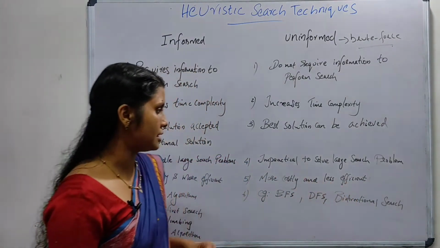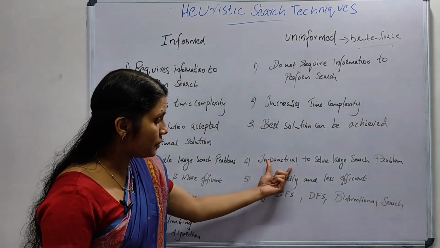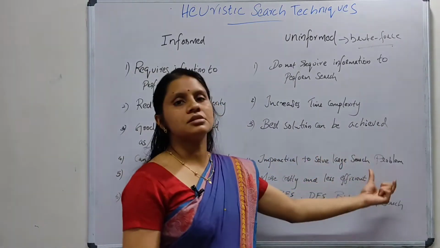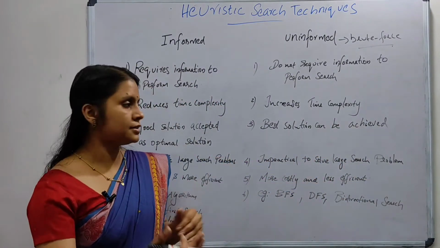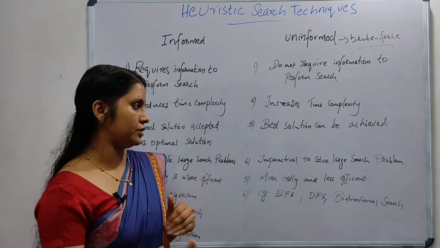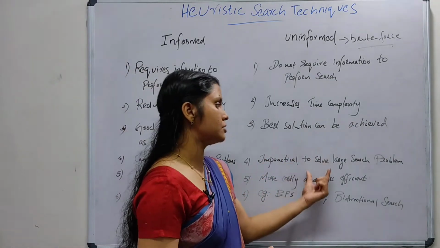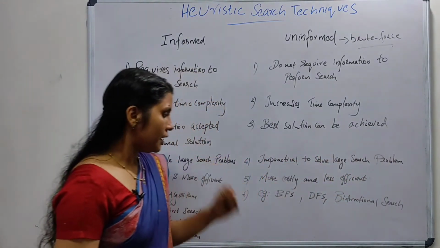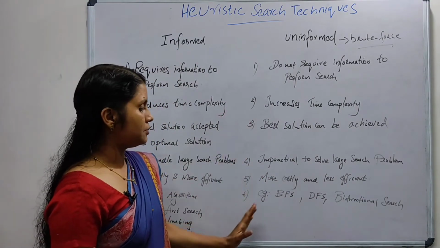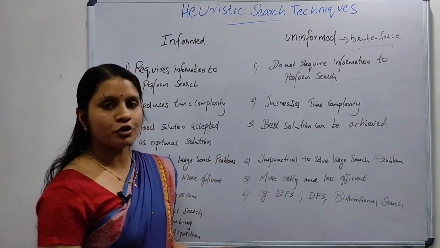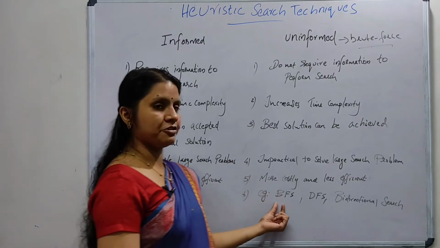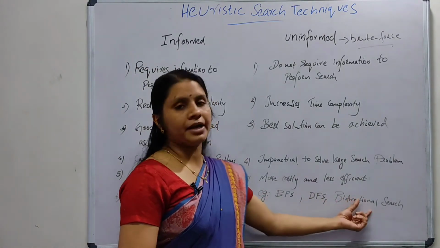Efficiency is less, and it is impractical to solve large search problems, which we will discuss later. The examples for uninformed search algorithms are BFS, DFS and bidirectional search.